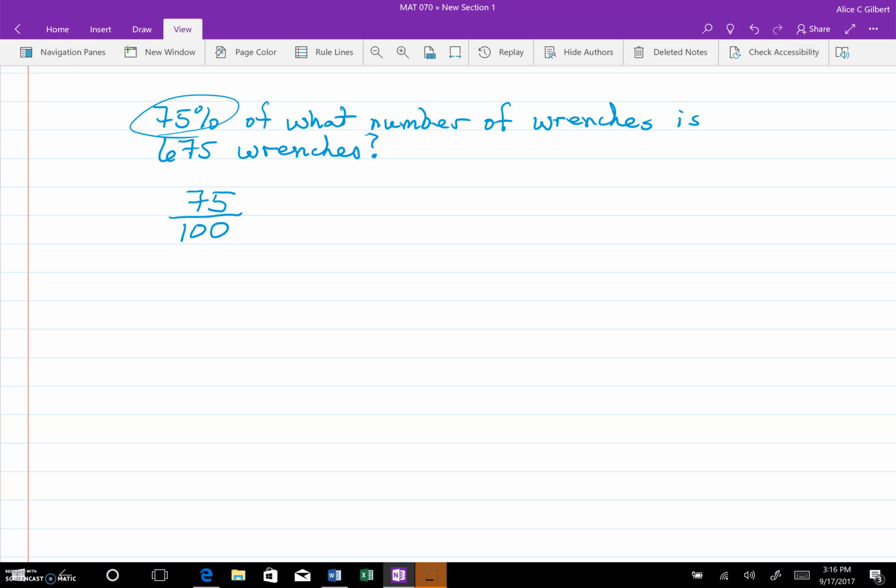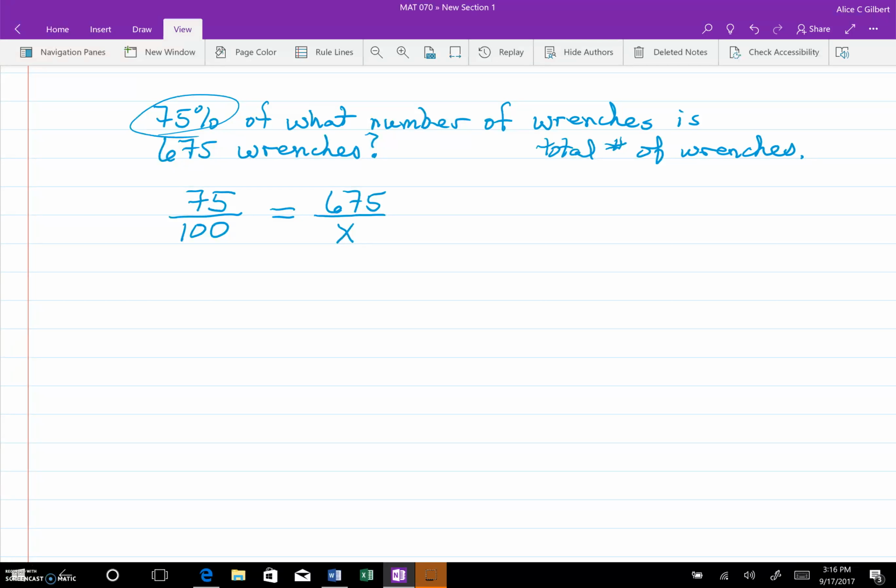So percent, which is 75, over 100 equals, now once again, I need to figure out my part and my whole. 75% of what number of wrenches is 675 wrenches? So once again, we're trying to figure out the total number of wrenches. So our whole is what we don't know, and 675 is our part.